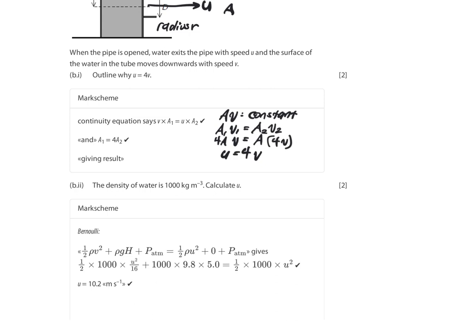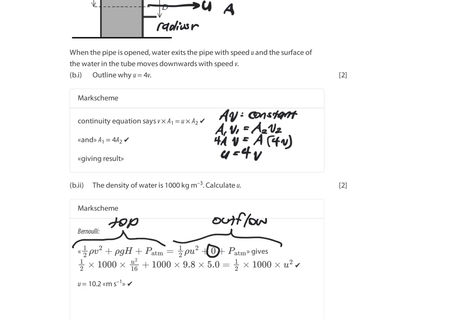On this part here, this is the top of the pipe, and down here is the outflow pipe. If we say the outflow pipe has a height of 0, then our rho gh there is going to be 0.